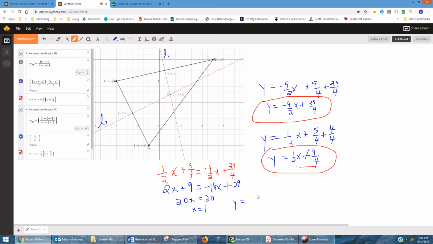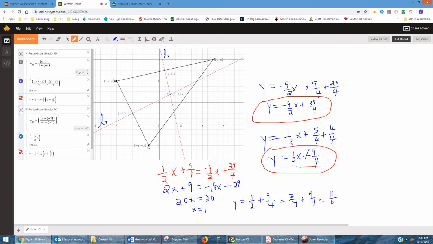So 1/2 of 1 is 1/2 plus 9/4. That's the same as 2/4 plus 9/4, or 11/4.